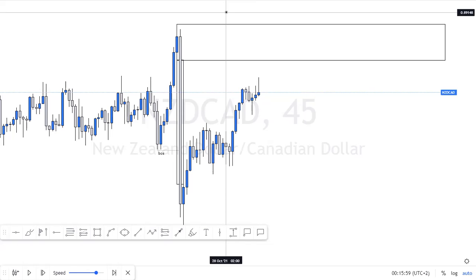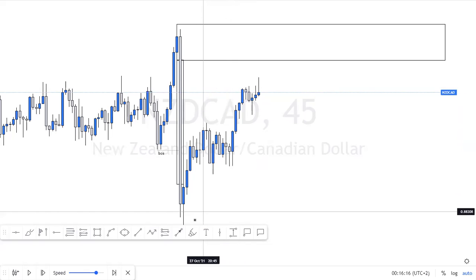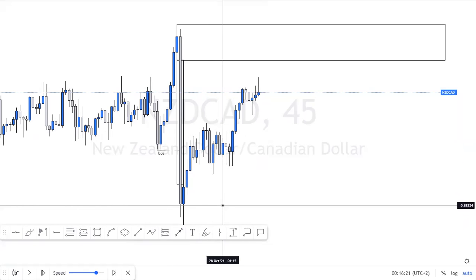Let me check this terminology. Yeah, it is. Sell side imbalance, buy side inefficiency.